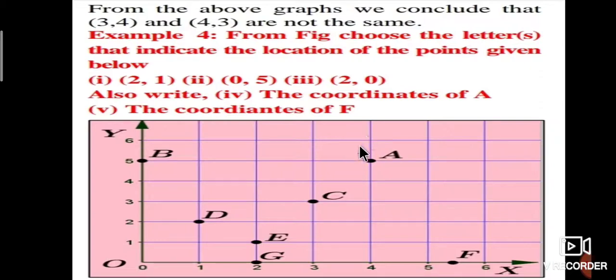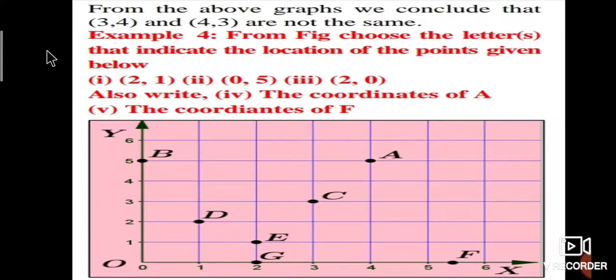Similarly, the same on the y-axis. Write the scale: along the x-axis 1 centimeter is equal to 1 unit, along the y-axis 1 centimeter is equal to 1 unit.